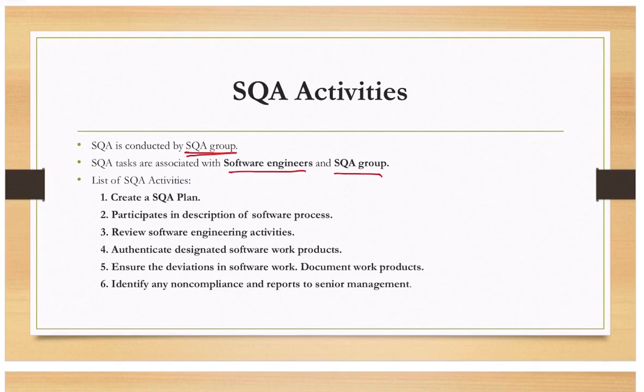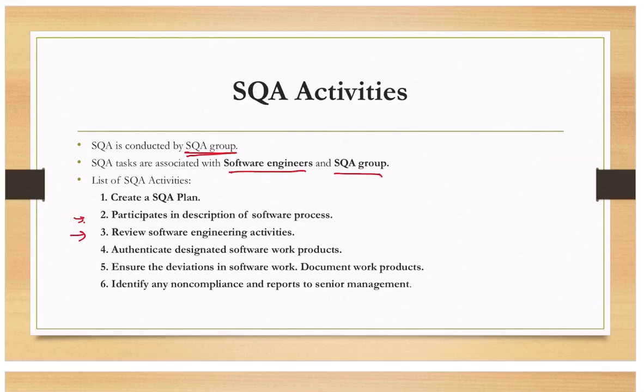Now, the second one is participating in the description of the software process. In this, internal software standards or standards adopted by the organization are considered. The third one is reviewing software engineering activities. In this, the SQA group identifies and documents the process.